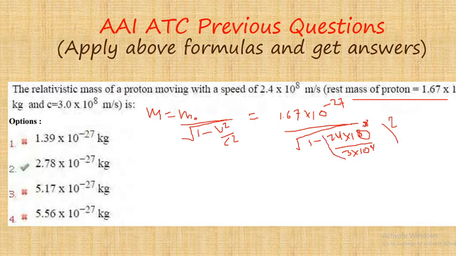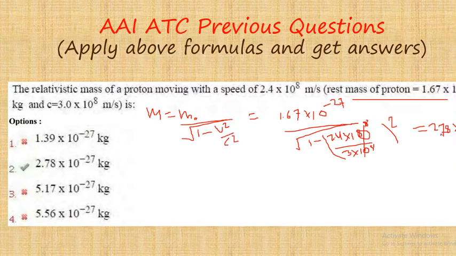You can make it cancel. Do the calculation and you will get the answer: 2.78 into 10 to the power minus 27 kg.